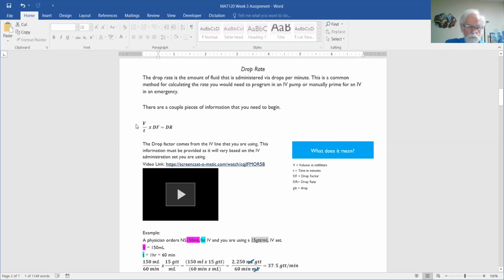So we first calculate the volume, divide it by the number of minutes over which we're going to be infusing it, and then we multiply it by what we call the drop factor. The drop factor is the number of drops that the apparatus you're using will equal to 1 milliliter.